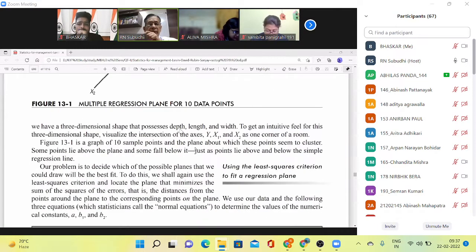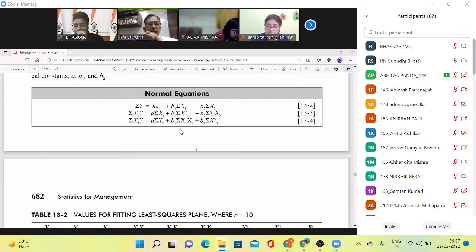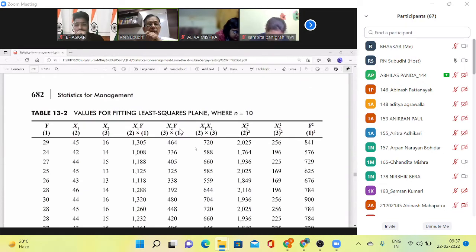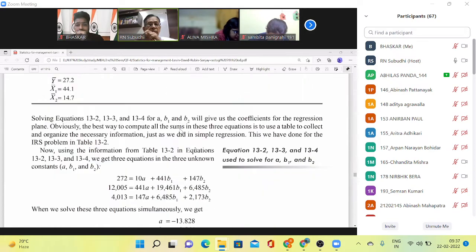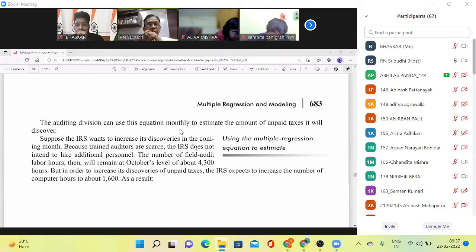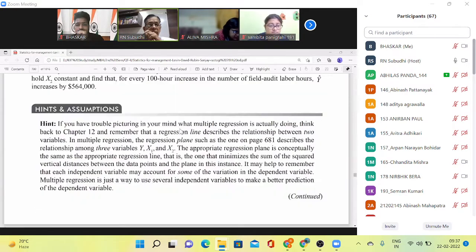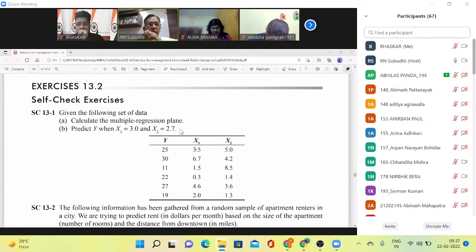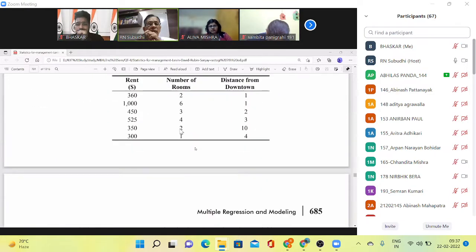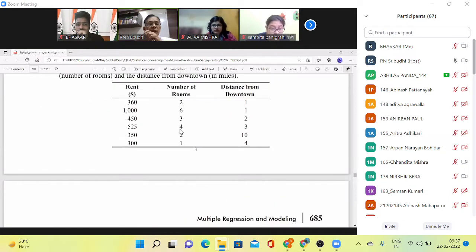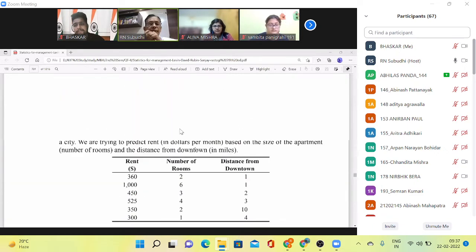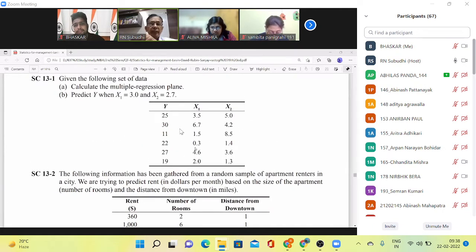Next. This we have already shown. Next. Page down. Next. So this is where we have already done. So looking a bit above, self-check 13.2.